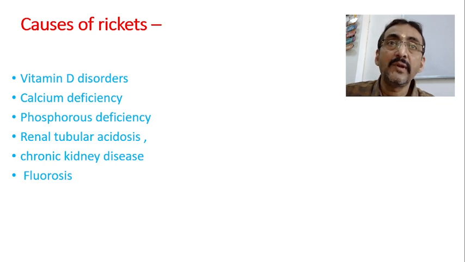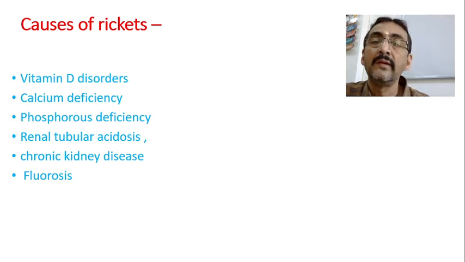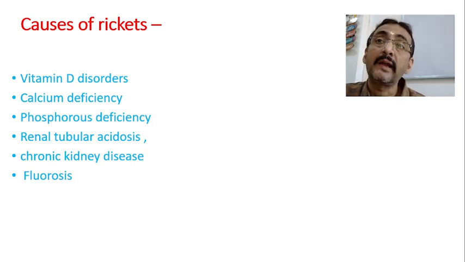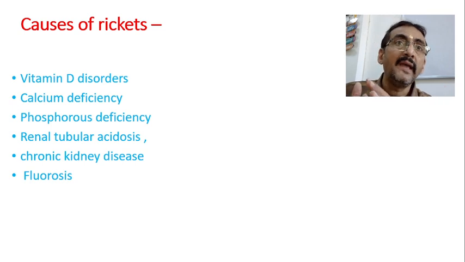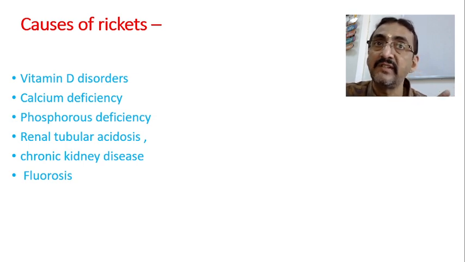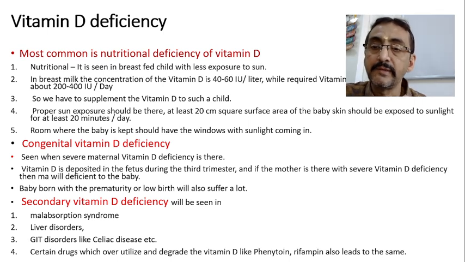But if this part is okay and the problem is in the kidney or some other areas, and there is no proper formation of the active form of vitamin D, or if the active form is formed but there is some problem in absorption from the intestine because of some other cause, they are all considered under non-nutritional rickets, also called refractory or resistant rickets.